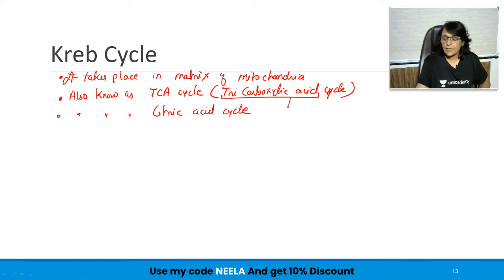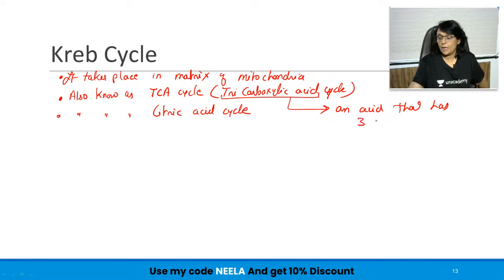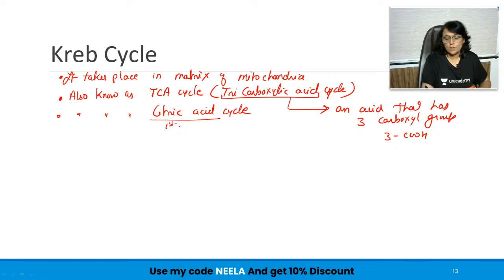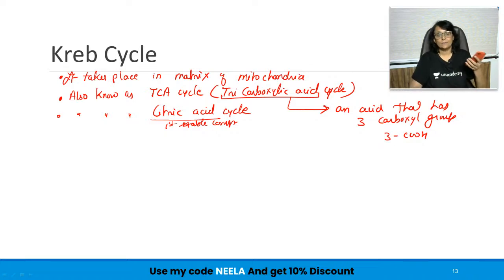TCA or tricarboxylic acid means an acid that has 3 carboxyl groups, that is 3 COOH groups. Okay, and citric acid cycle, because this is the first stable compound which is formed in this cycle.